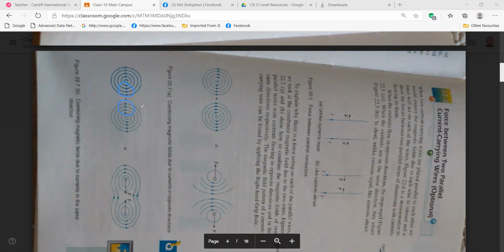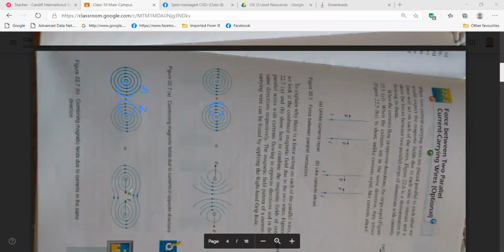They are opposite. So in this diagram, as we showed, the upwards arrow here is north. We are showing this one is also north, and the other one we are showing as south. They both are creating opposite poles in their adjacent area.